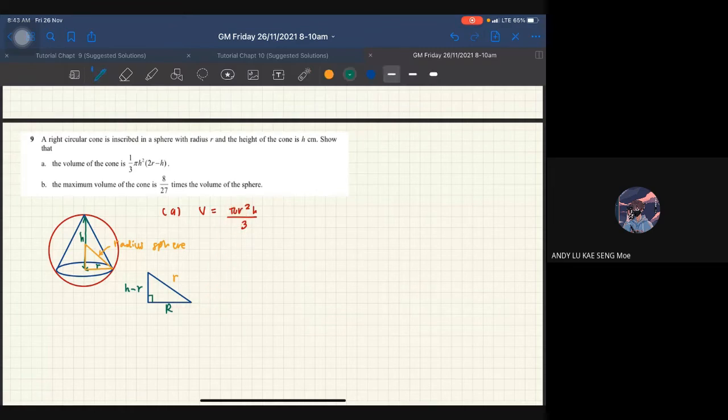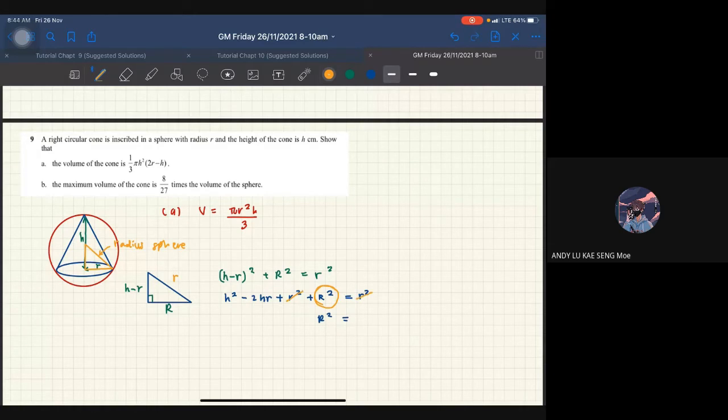Alright, and then saya expand this one, saya akan dapat H square minus 2HR plus R square plus r square equal to R square. Okay, so saya nak tinggalkan ini as a subject. So saya akan dapat r square equal to, this one di-cancel out, 2HR minus H square.